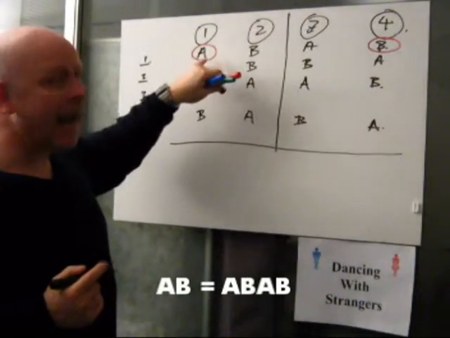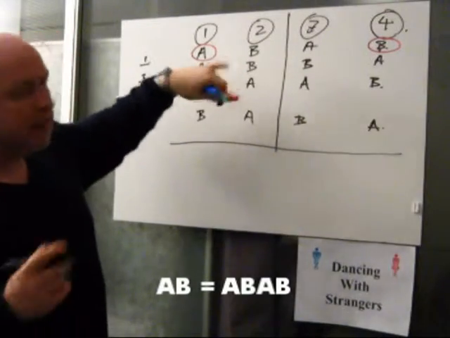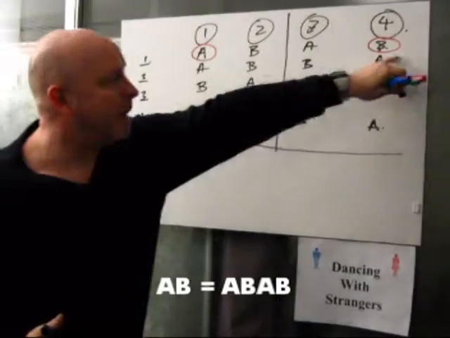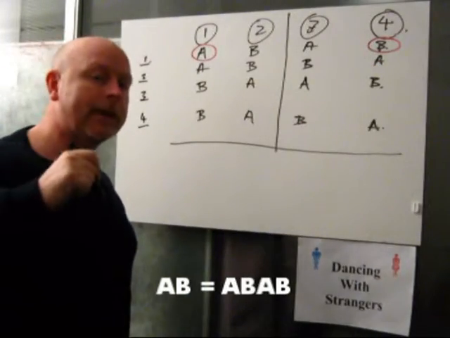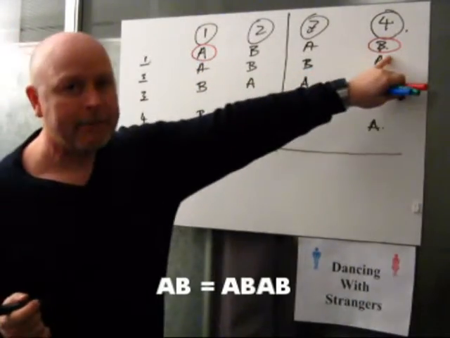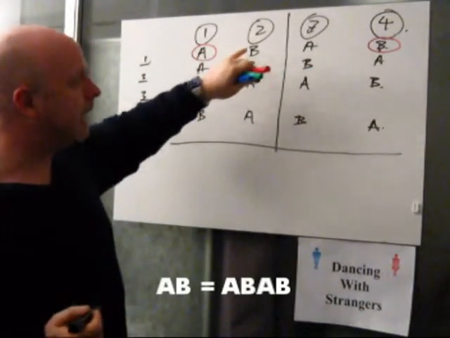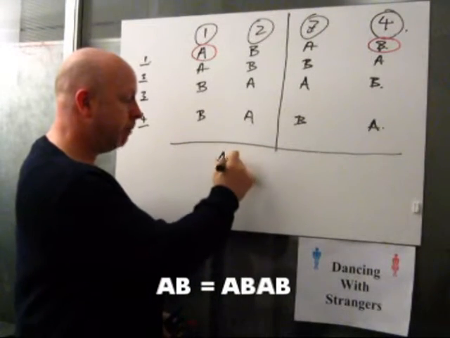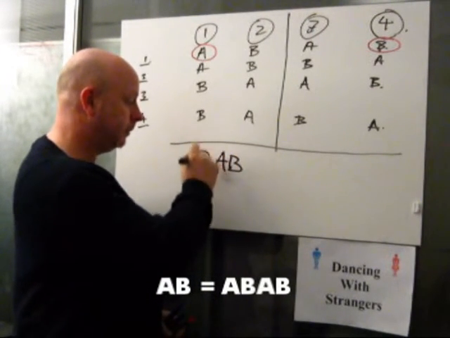If it's A, the next move was B. If I have B at the end, I know the one before that was the opposite. So if I have A and B, I know it was A, B, A, B. So let's put it down: A, B. That's number 1.